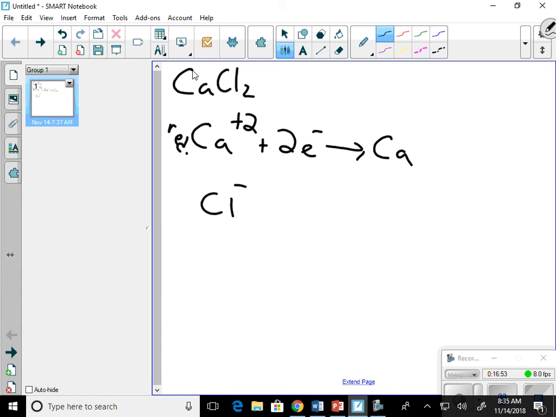That means chloride is going to have to lose electrons, except that when chlorine loses electrons, it doesn't become monoatomic chlorine, it becomes diatomic chlorine. Remember, it's one of our diatomic elements. In order then to balance that equation, I need to put a 2 in front of my chloride, but now my charges aren't balanced, so I have to put a 2 in front of my electrons. This is the oxidation equation.